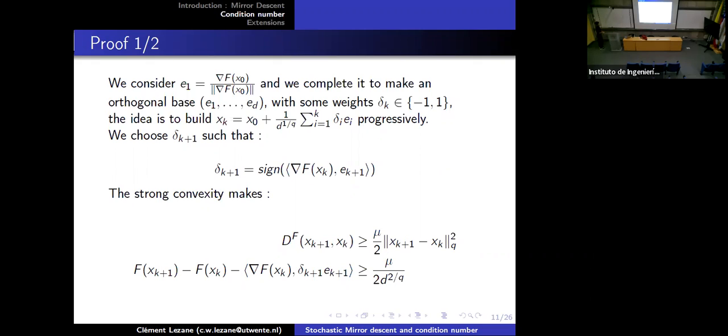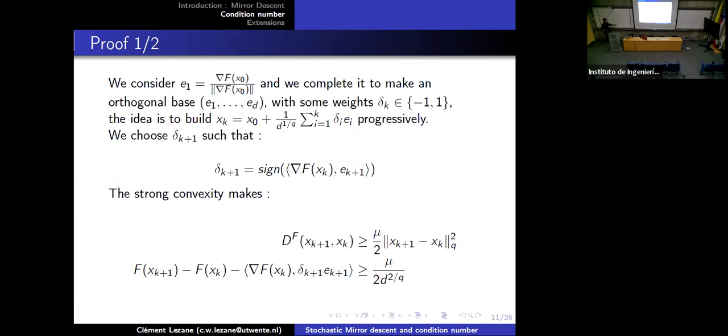So what I'm saying is that, for example, the Bregman divergence between xk and xk plus 1 is going to have to respect the strong convexity, which is mu divided by 2 times the norm of xk plus 1 minus xk squared, right?